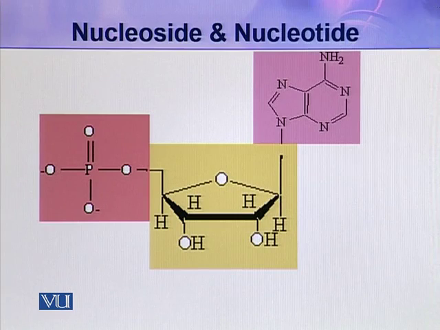So, as you can see here, this is a 1' carbon, and at this 1' carbon, an OH group is present. So this nitrogen of the nitrogenous base attaches with this 1' carbon of the pentose sugar. So this is nitrogen number 9, and this nitrogen contains a hydrogen atom.